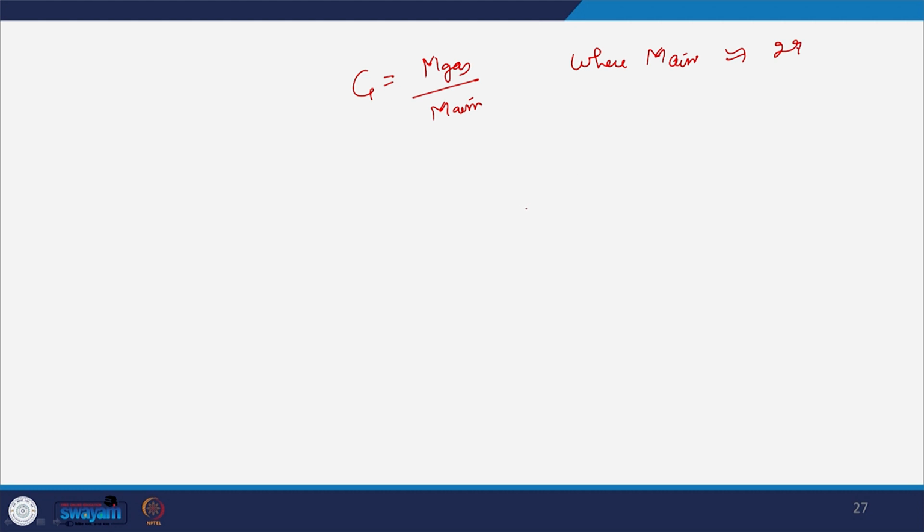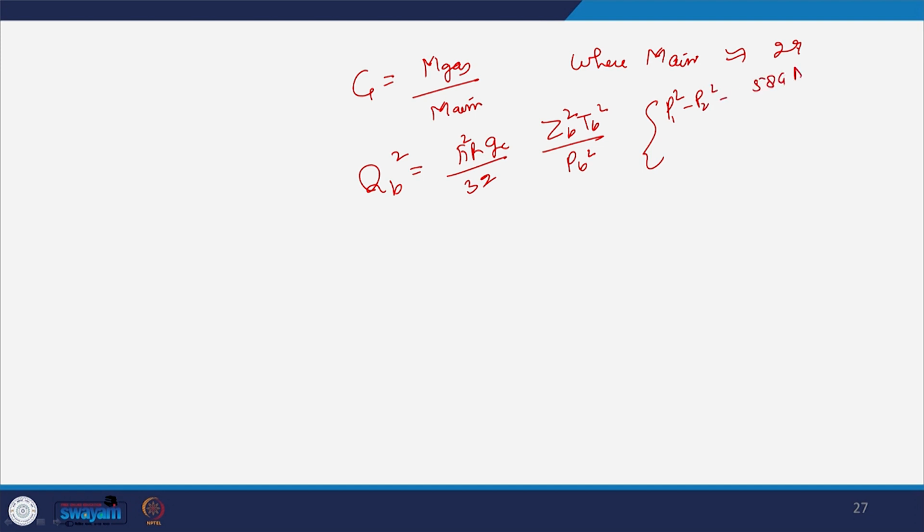Now, if we substitute and rearrange to solve for QB, then the equation becomes QB square is equal to pi square R GC upon 32, ZB square TB square upon PB square, P1 square minus P2 square minus 58 G delta H P average upon R T average Z average, upon 58 Z average T average G L d to the power 5 upon F.